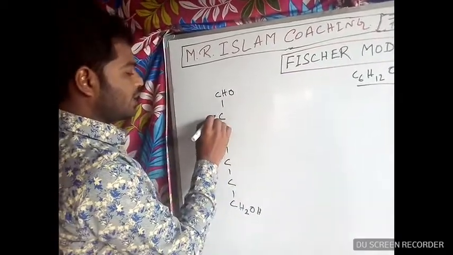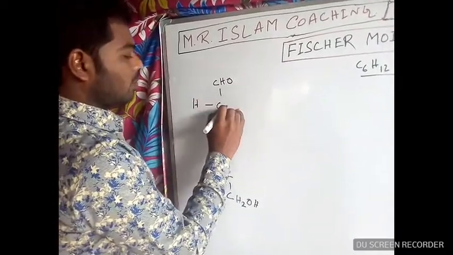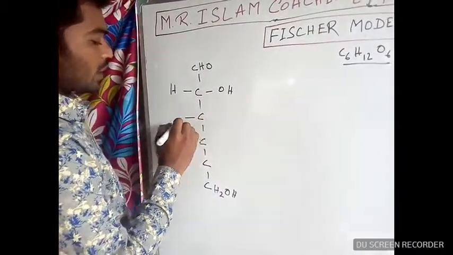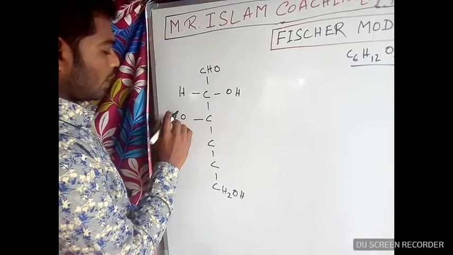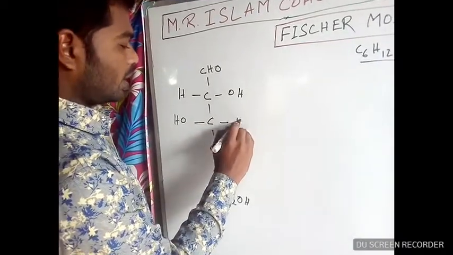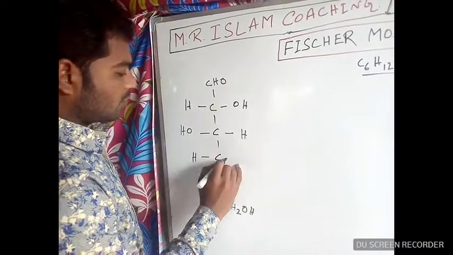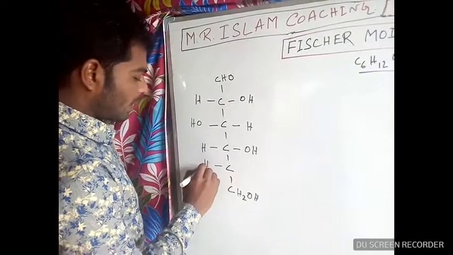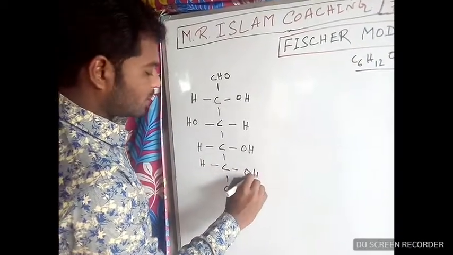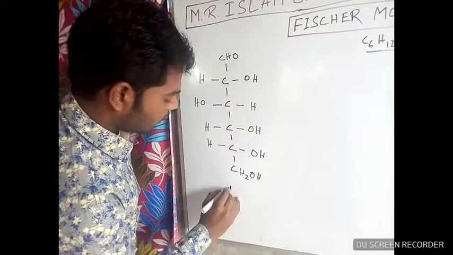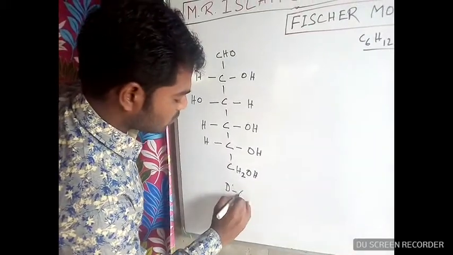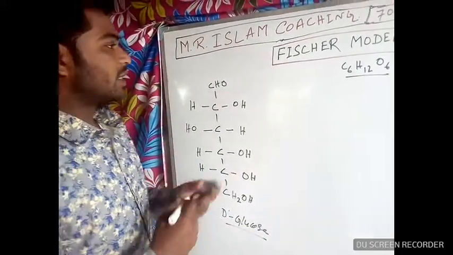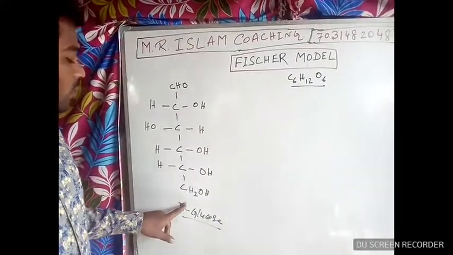Here the CH bond, OH, the carbon, HO bond H, bond H, bond OH, bond H, bond OH. It's the formula of D-glucose. We see the structure of D-glucose.